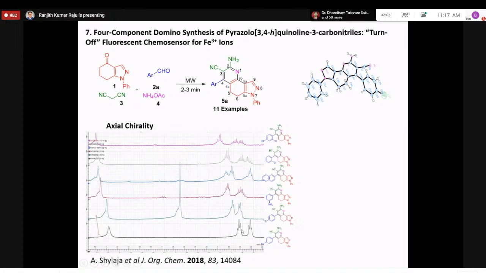It was clearly giving us two triplets. But once meta substitution or naphthyl or ortho-chloro substitution, the splitting pattern changes. So these two CH2s become diastereotopic because of the axial chirality, and then it is split into multiple signals.